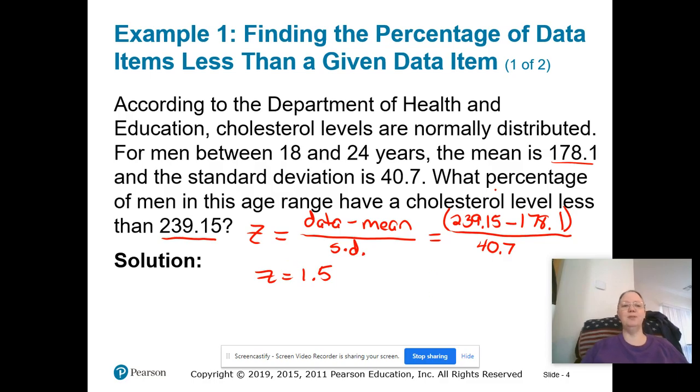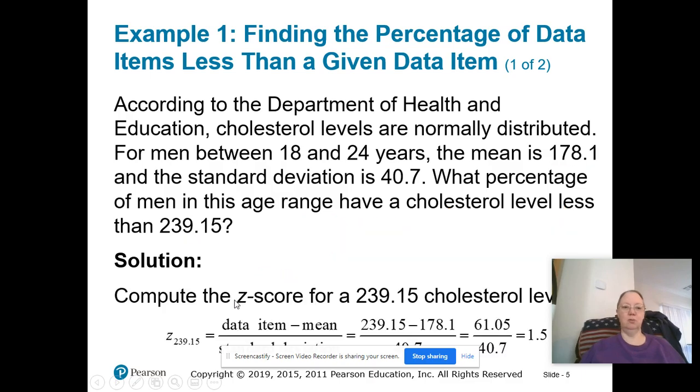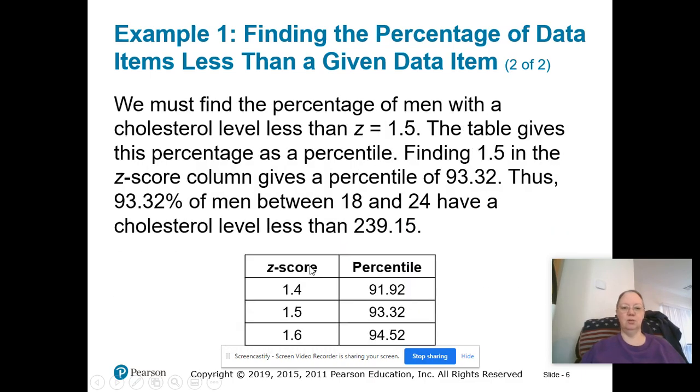Now we need to figure out what percentage of men. To figure out the percentage, you're going to take your z-score and look it up in the table. Okay, here's our z-score. Here's our table. If you look at the table for 1.5, and this table only has to the nearest 10th, not to the 100th, but that's all right.